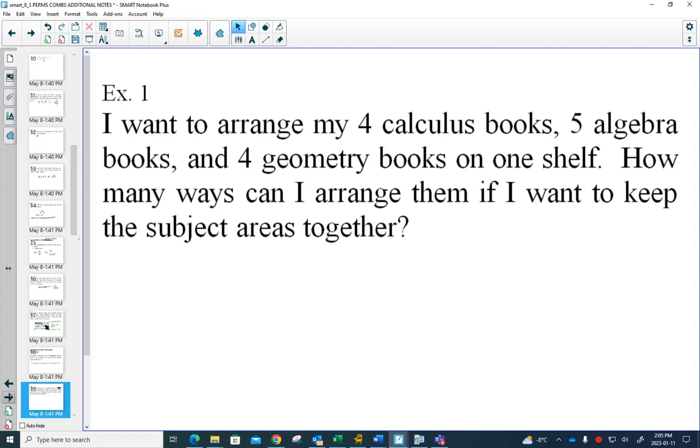Now, here's the question I came up with. I'm arranging my math books. I have 4, and usually in a question, I would put the word different in here, 5 different algebra books, and 4 different geometry books, because sometimes students get a grouping question confused with an identical objects question.